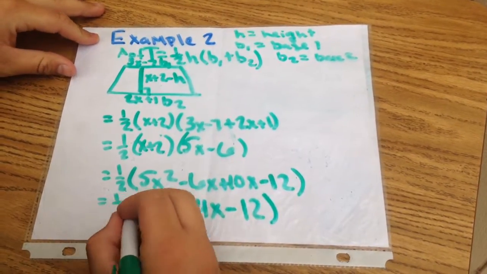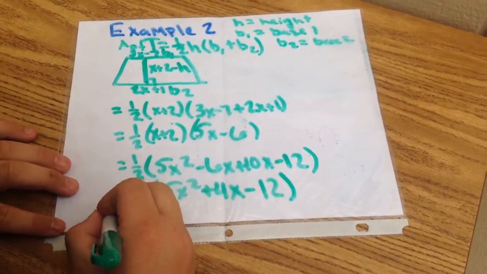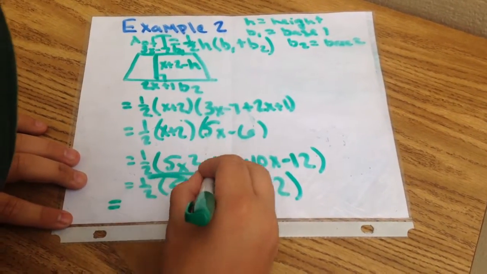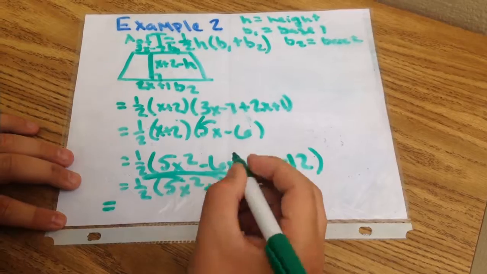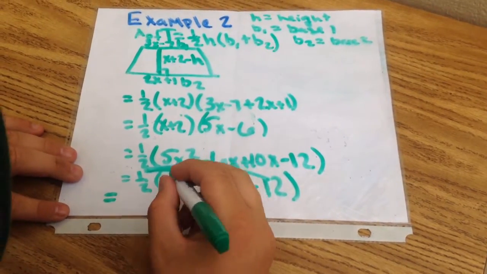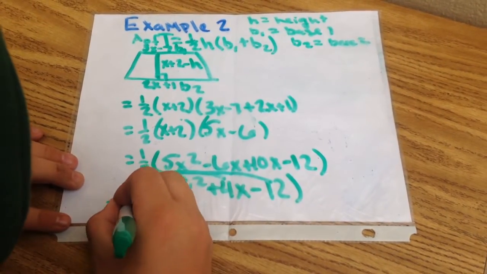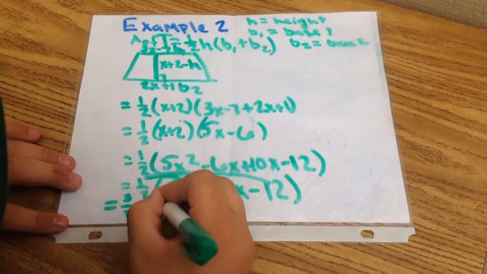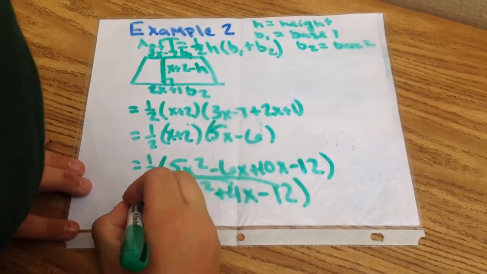Next, you need to distribute this 1/2. So by using the distributive property, you're distributing it to each term here, all 3 of them. So 1/2 times 5x squared is going to equal 5 over 2x squared, excuse me.